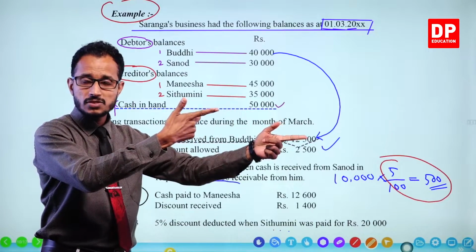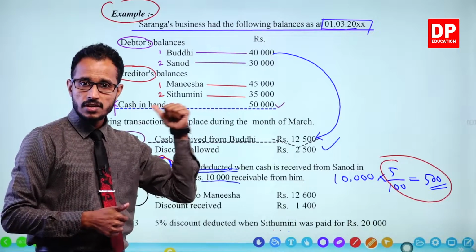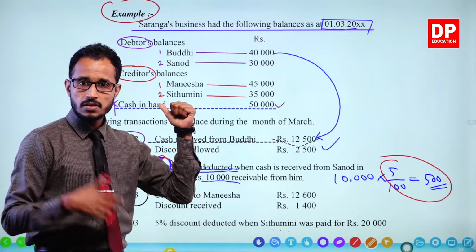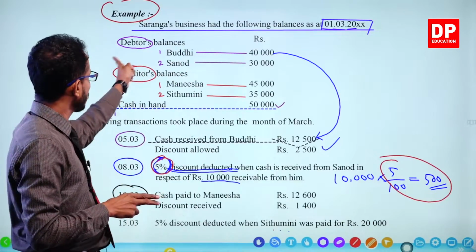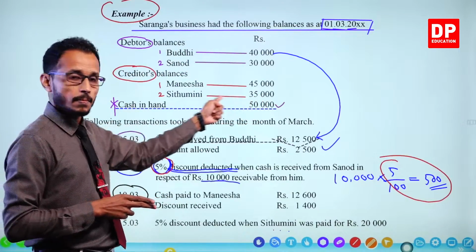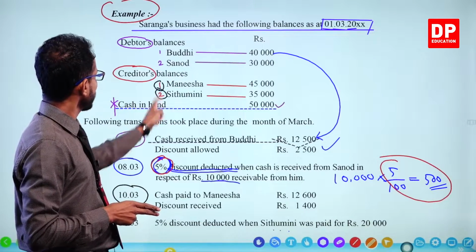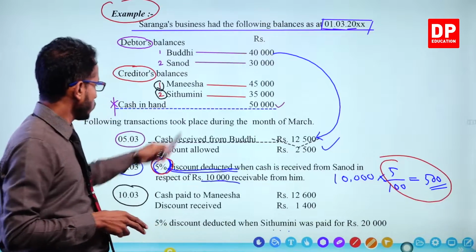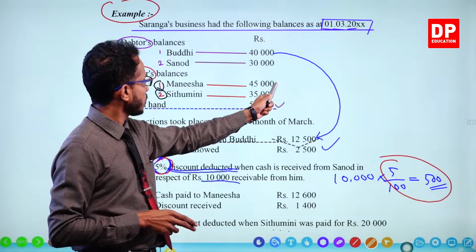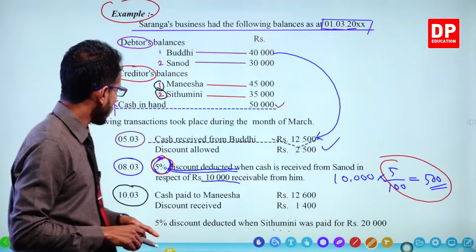How many suppliers do we have in this question, children? We have 2, Manisha and Situmini. Out of these 2, Manisha has been paid 12,600 here.